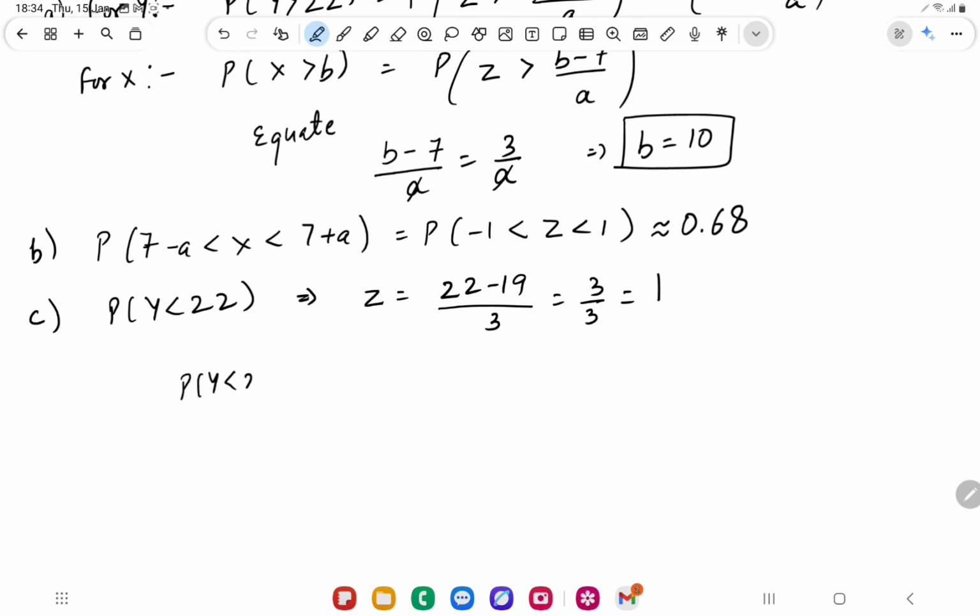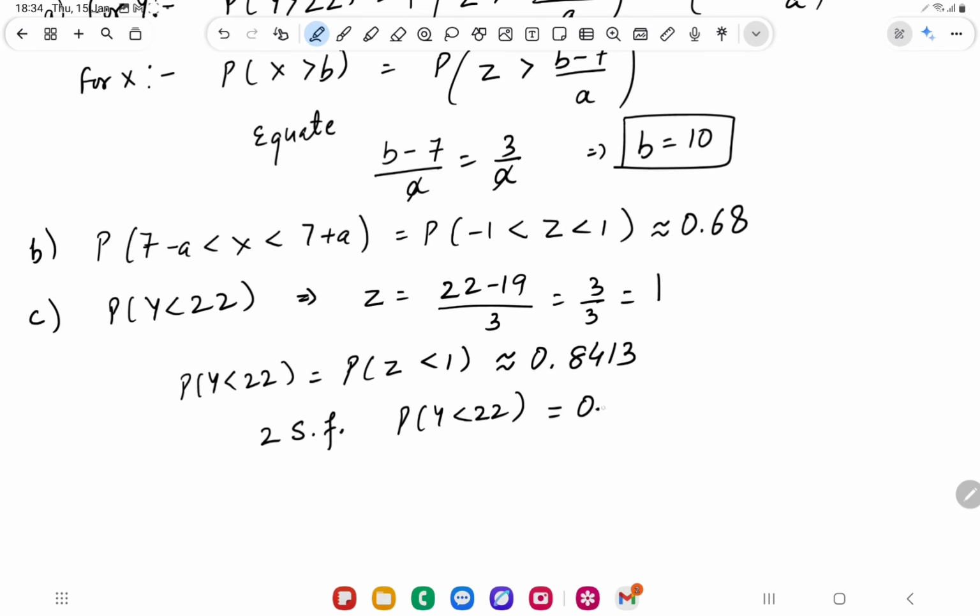It means the probability of z less than 1 is approximately 0.8413. So my final answer with two significant figures will be 0.84.